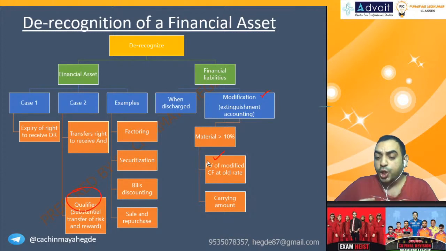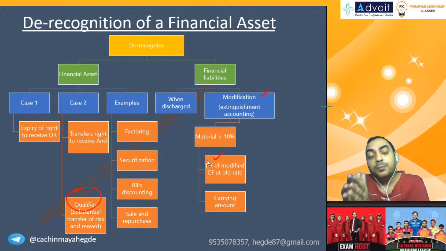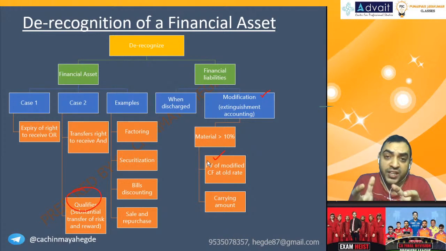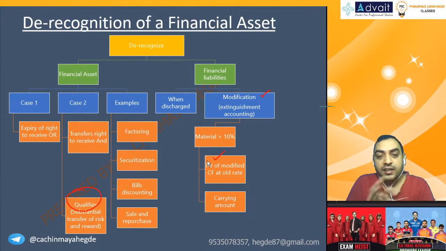You understand, right? New cash flow, modified cash flow, but the discounting rate is the old rate. You get one present value, compare it with the carrying amount. If the difference is more than 10%, then it is material and extinguishment accounting applies. If the difference is less than 10%, it is not material.